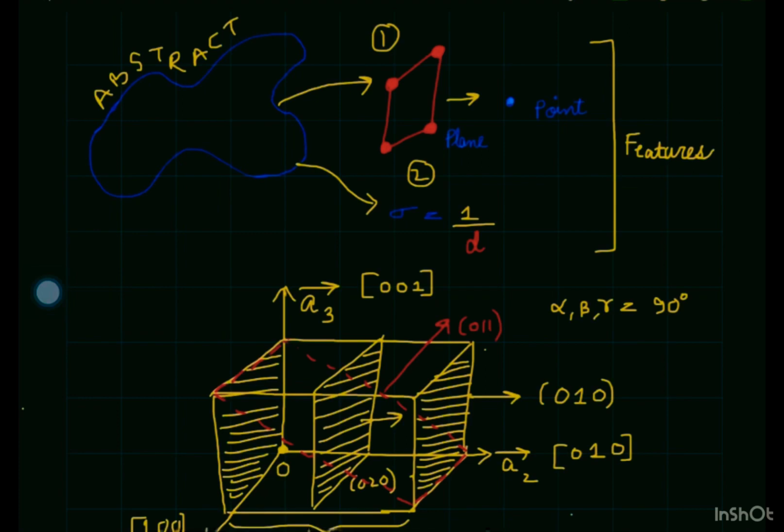Now, this space has two features. The reciprocal space is actually an imaginary space where planes of the atoms in the direct space are represented by points in the reciprocal space. And second, all lengths in the direct space are actually inverse of the lengths in the reciprocal space.